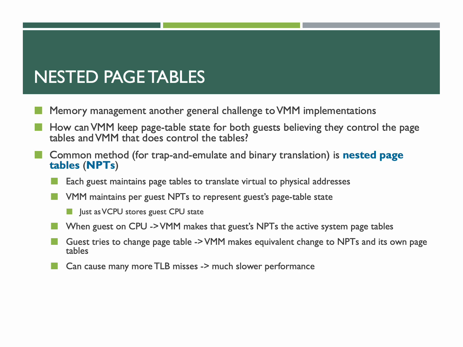How can the virtual machine manager maintain a consistent and accurate mapping of memory addresses that satisfies the requirements of multiple virtual machines? Each guest VM maintains its own page tables, which are used to map its virtual addresses to what it perceives as physical addresses.